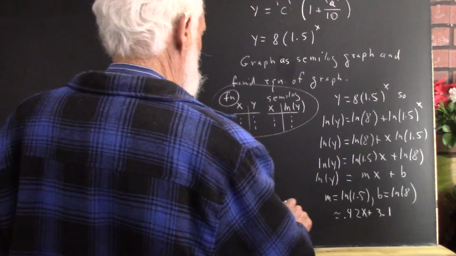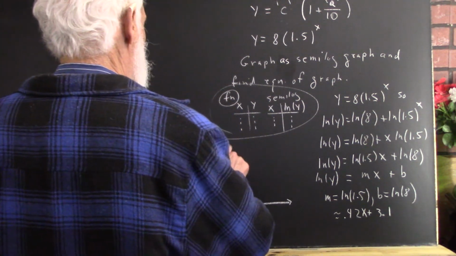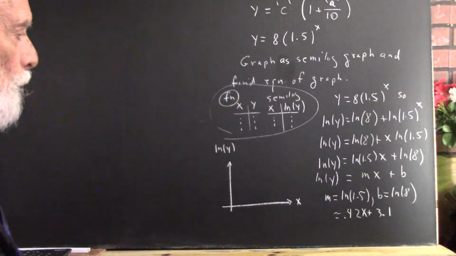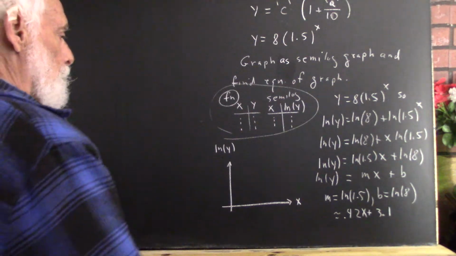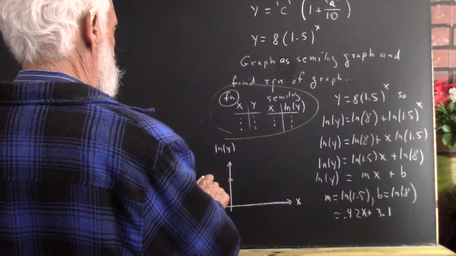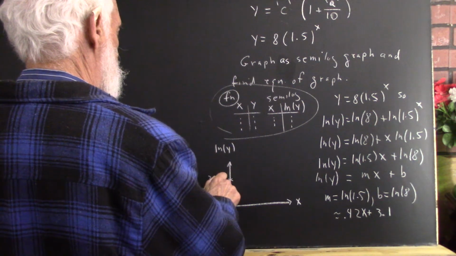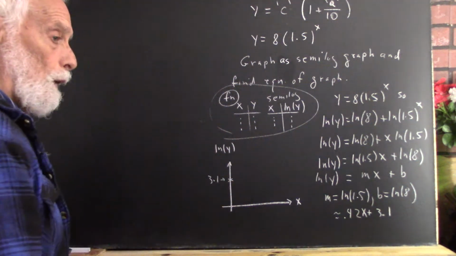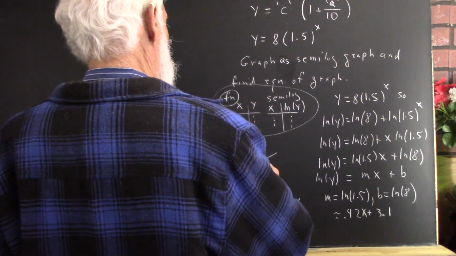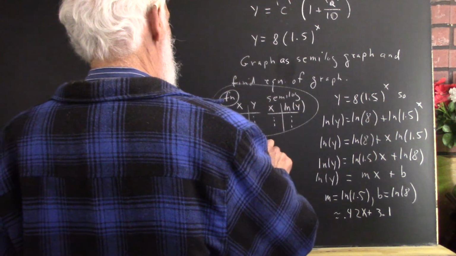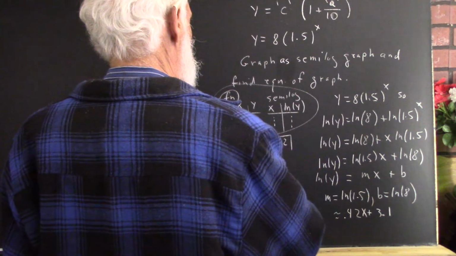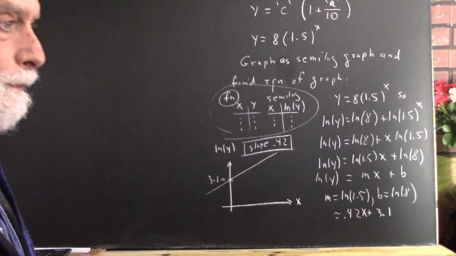Okay, this means that your graph of natural log of y versus x will have a y-intercept of 3.1 and a slope of 0.42.